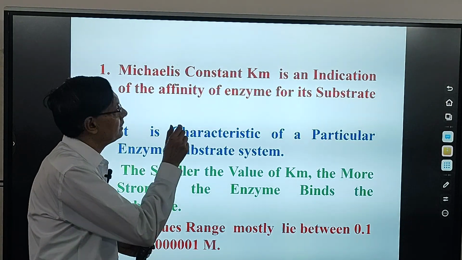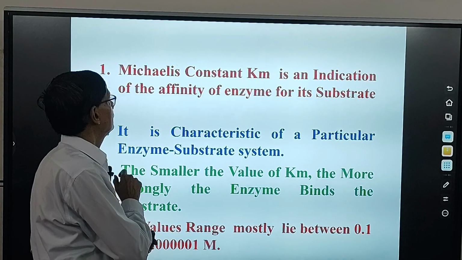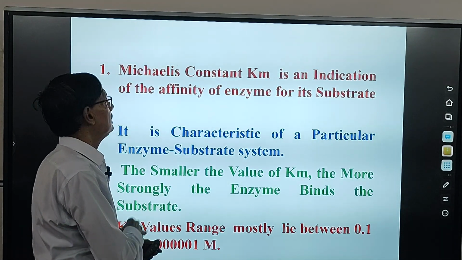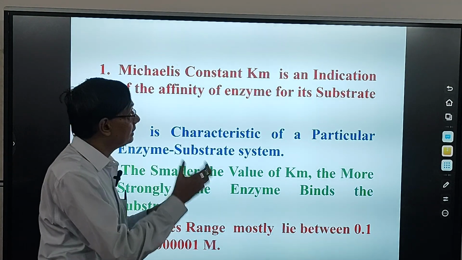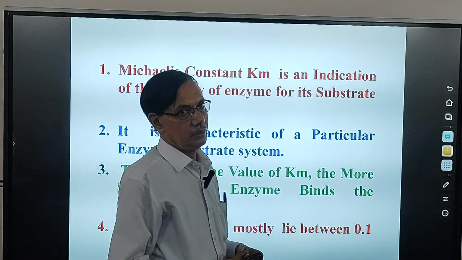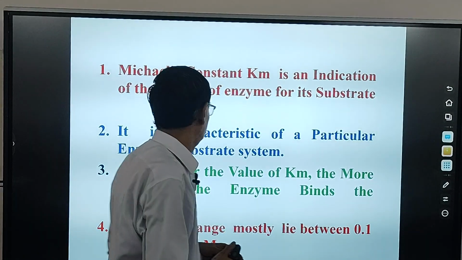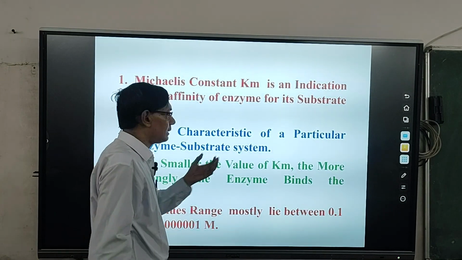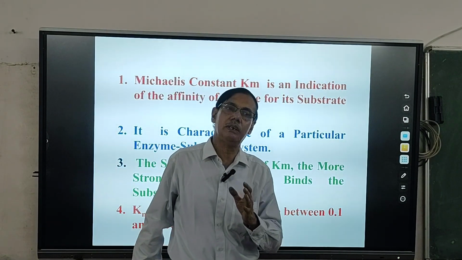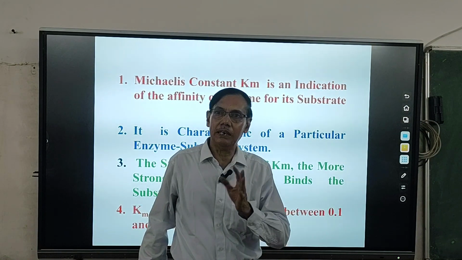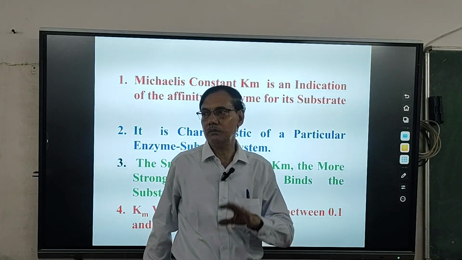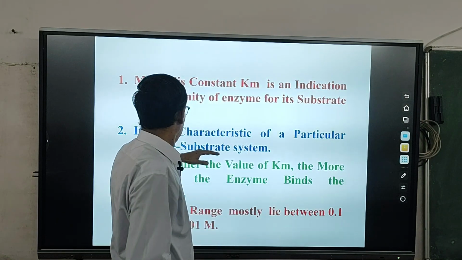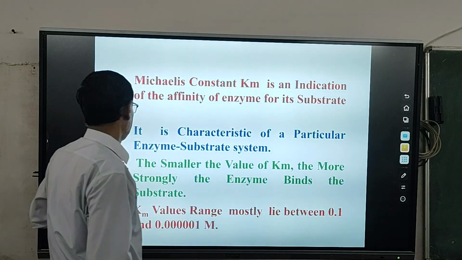that is why this Km is important, because this Michaelis constant is an indication of the affinity of the enzyme for its substrate. We must know the Km value, and it is also a characteristic of a particular enzyme, just like if we do some normal equation, we are concerned about the energy of activation like that and other things. So similarly for enzymatic kinetics, one must know the Km value, because we must know the enzyme substrate complex.